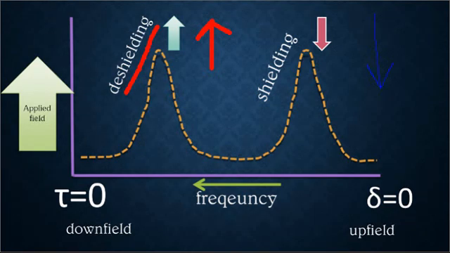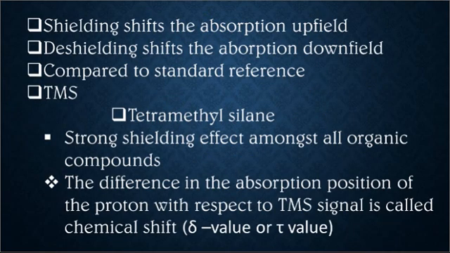These shielding and deshielding effects affect the position of NMR absorption, which is measured with some reference signal. One such reference signal is tetramethylsilane, also known as TMS.